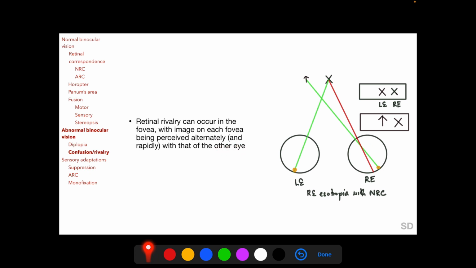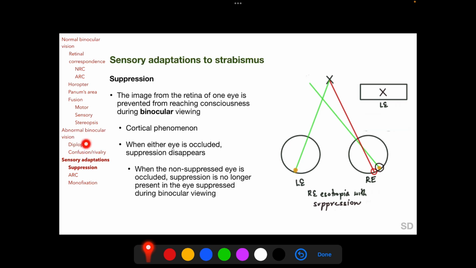So at one moment we'll see this image, and in the other moment we'll see this image, and this alternation occurs rapidly. To avoid diplopia and confusion following onset of strabismus, sensory adaptations occur in the visual system in the form of suppression, anomalous retinal correspondence, and monofixation. And each of these sensory adaptations is said to occur in the visual cortex.